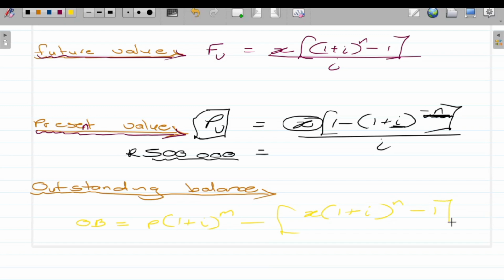In this video I was just briefing you guys on what to expect in this grade 12 maths. So OB will be the outstanding balance. There's another way of calculating the outstanding balance which is more confusing than this. P will be the amount of loan that you need to be paying, so in this case it will be 500,000 rand.